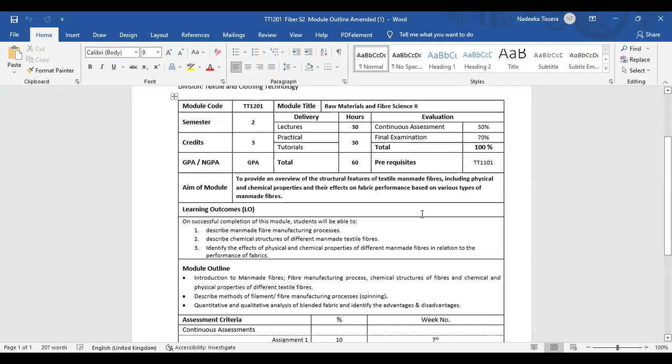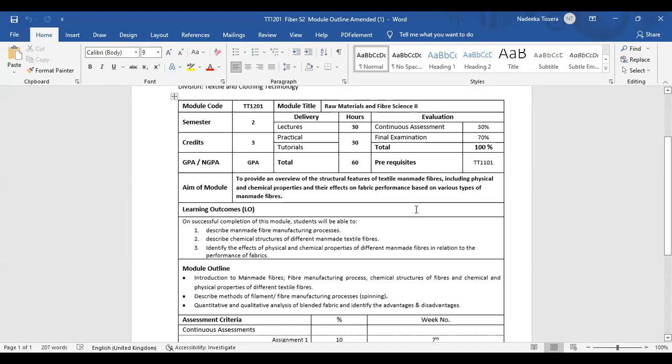And the second learning outcome of this module is that you should be able to describe chemical structures of different man-made textile fibers. If I ask you, what is the chemical structure of a nylon fiber?